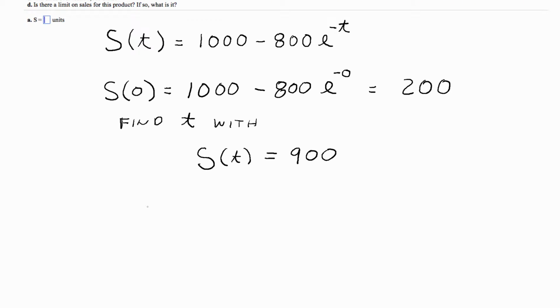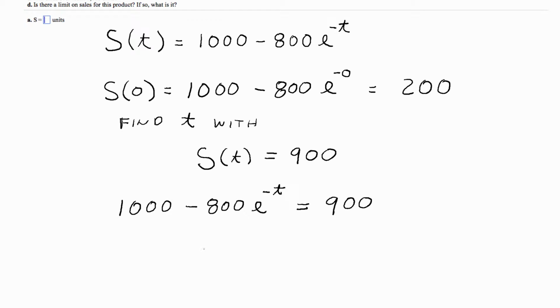If I write down the equation now with S of t, we have 1,000 minus 800 times e to the negative t. We want to know what is that equal to? 900. Let's try to solve this and see what t is.